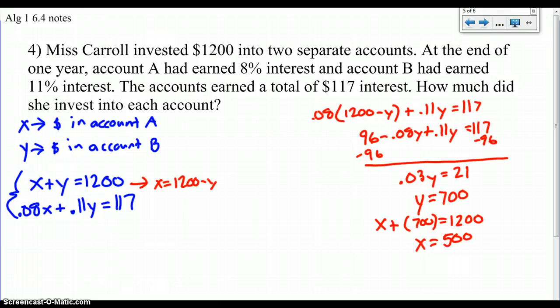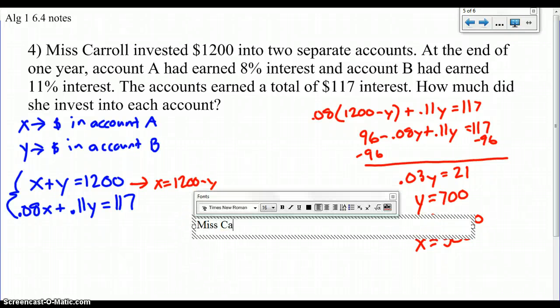Welcome back. You can see I chose substitution by solving the first equation for X, plugged in that value, I went through, and that allowed me to solve for Y. And then I substituted that answer back in for y here, x plus y equals 1,200 to get x. So in the end though, I need to go ahead and write exactly what my answer means.